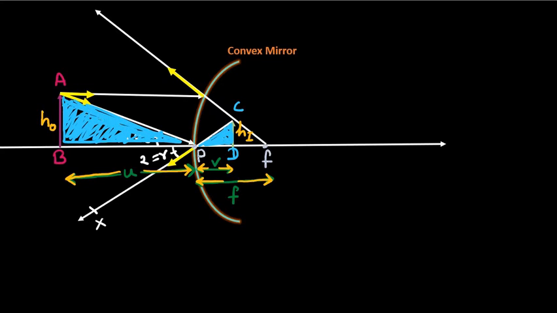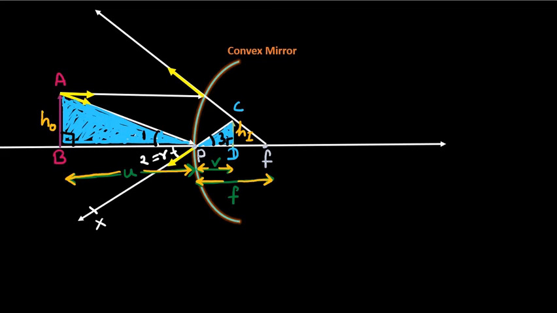They are similar triangles only when any two corresponding angles of the two triangles are equal. So here angle APB, that is angle 1, is equal to angle 2 in fact, but angle 2 is equal to angle 3. So we will write angle 1 and 3 are equal, and AB is perpendicular to the principal axis and CD is perpendicular to the principal axis. So we have pairs of equal angles.